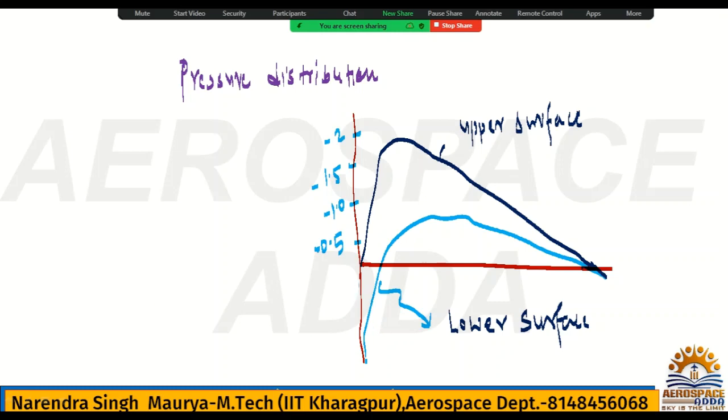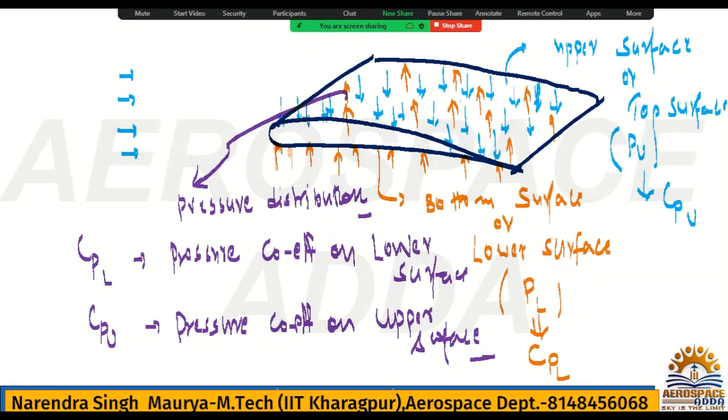Similarly, on the lower side it should be plus. Okay, so it is very clear. Like here I have shown you the upper surface and lower surface.